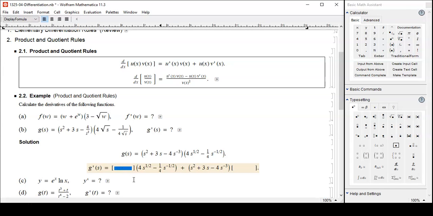This one, let's go ahead. 2s plus 3 minus plus 12s to the negative, subtracting 1 from the power, what do you get? Negative 4 power. A common mistake is to do this because 3 minus 1 is 2, but negative 3 minus 1 is actually negative 4.